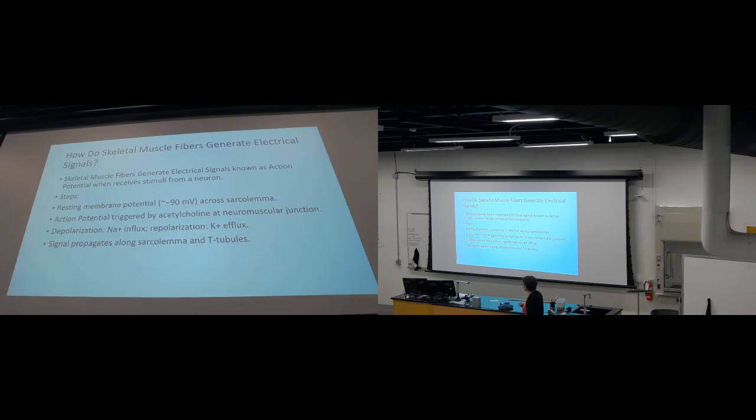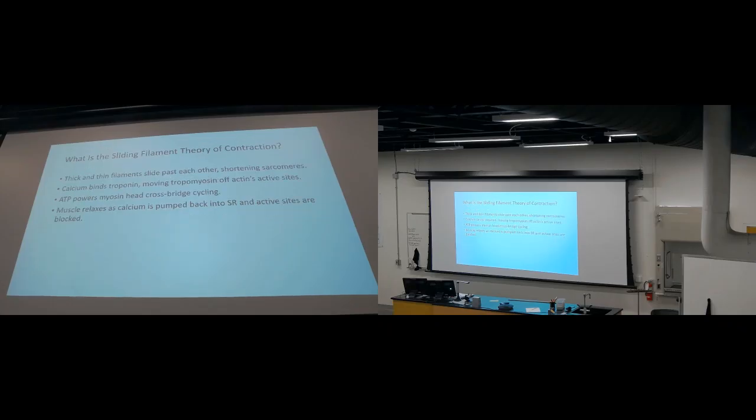And as this happens, the action potential propagates within the sarcolemma, the plasma membrane of the cells, and then goes internally into the T tubules. So the electrical signal travels through these structures.